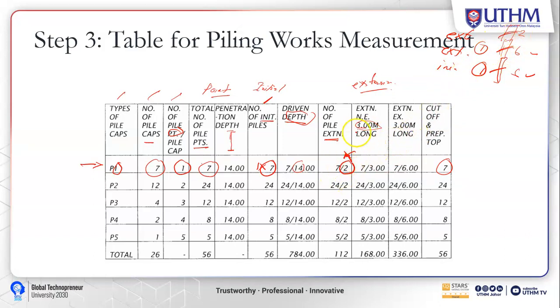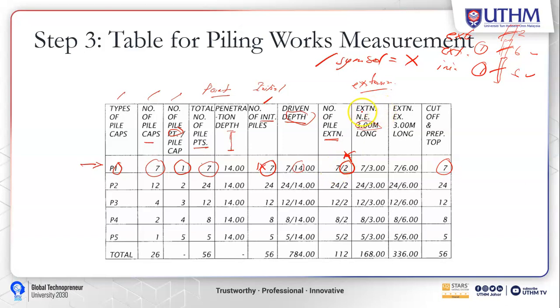The dash symbol is for multiplication, so we multiply with the 7 points here. We have 2 extension piles with 7 points.